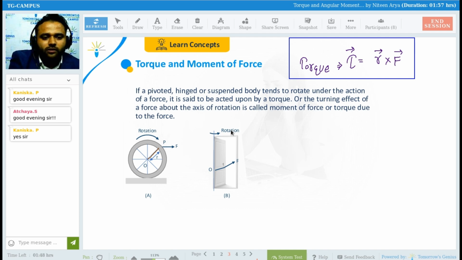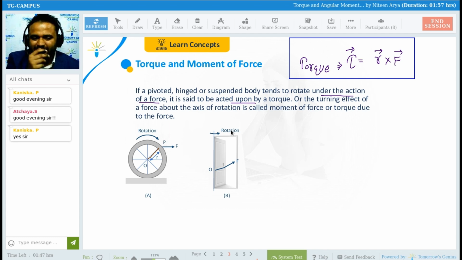If a pivoted, hinged or suspended body tends to rotate under the action of a force, it is said to be acted upon by a torque. What does it mean? Any object which is pivoted, hinged or suspended tends to rotate. Here it is hinged with the wall, the axis is fixed, and it rotates.